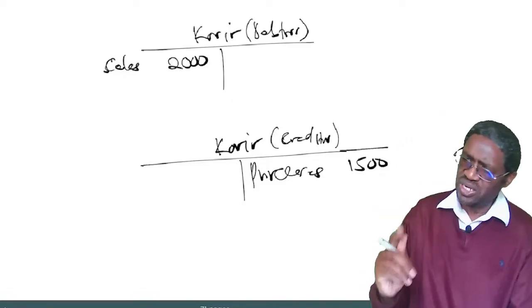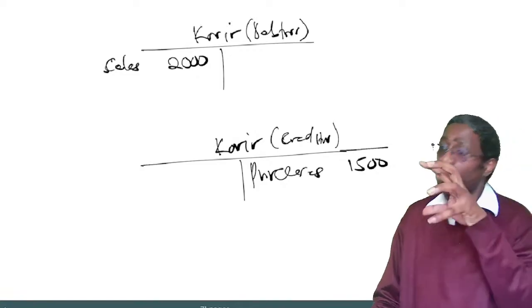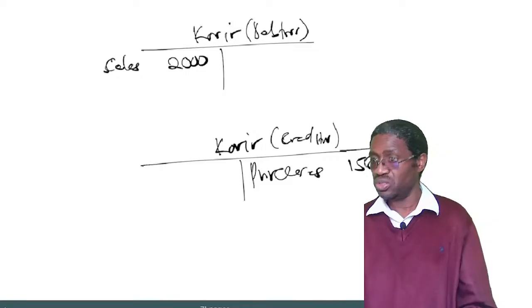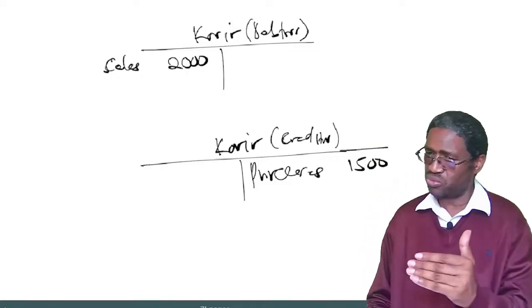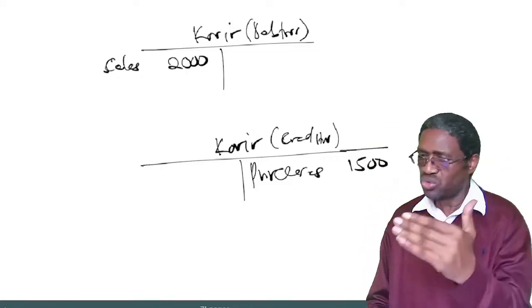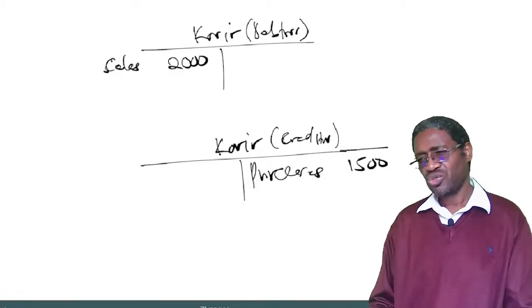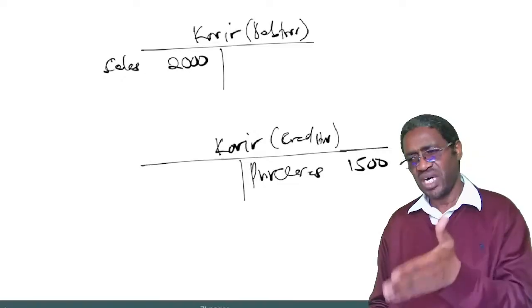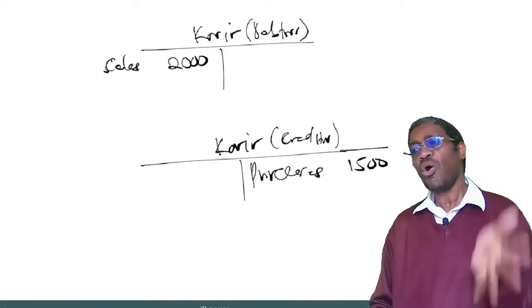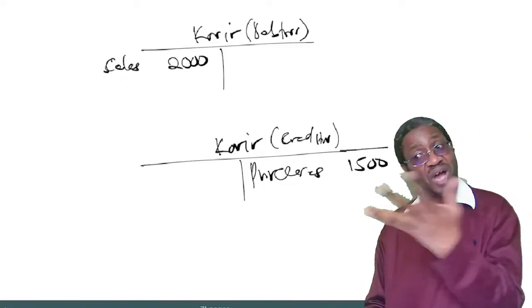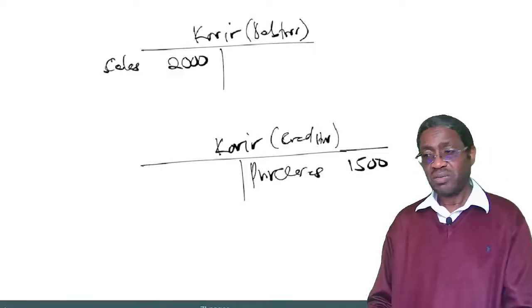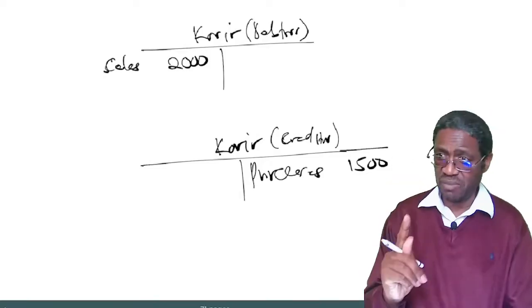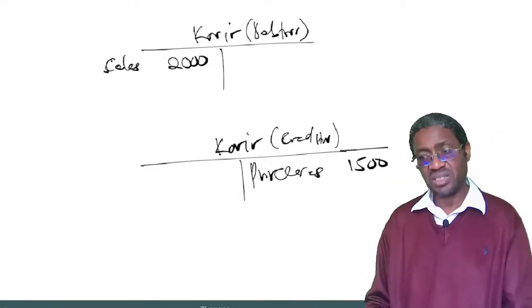So what you normally do is that you close the account with a smaller balance to the account with a bigger balance, so that we get the net amount, which is 500, to be either Coril owes me 500 or I owe Coril 500, whichever it is.